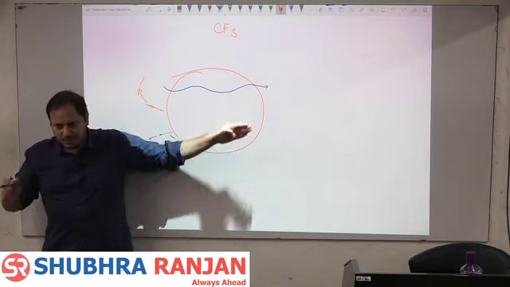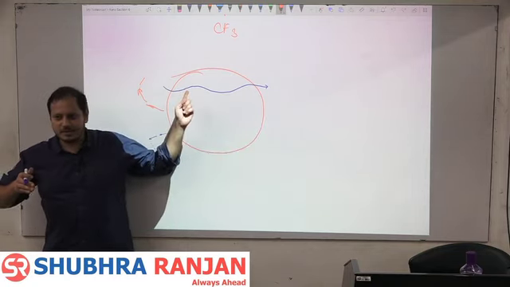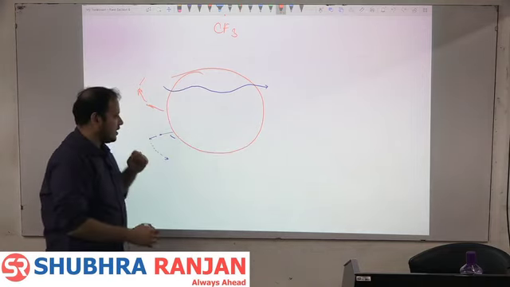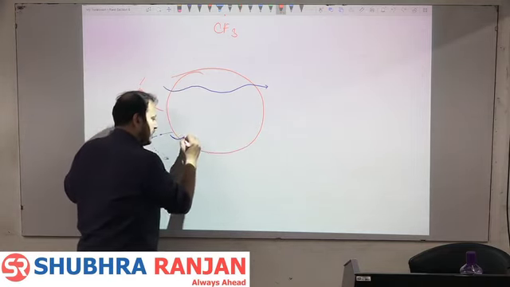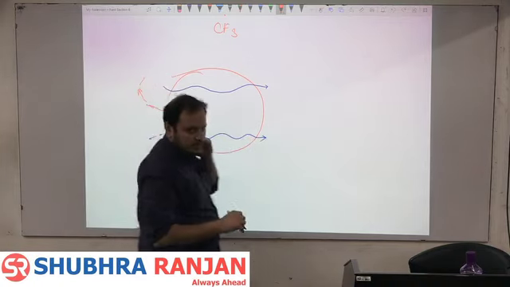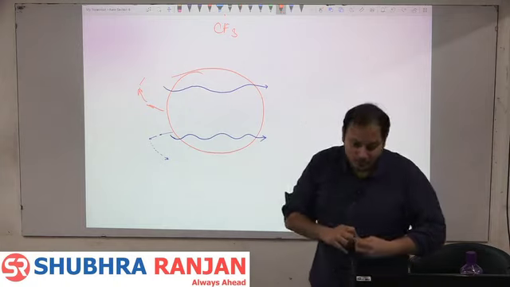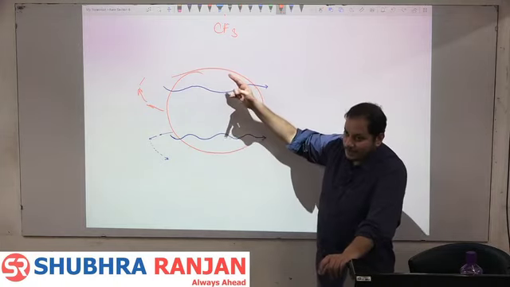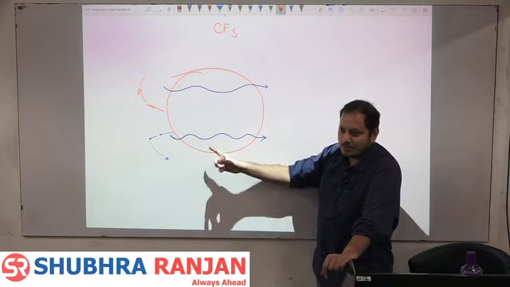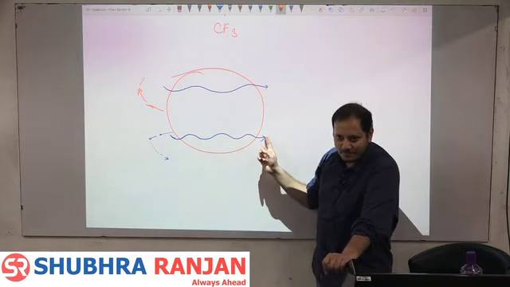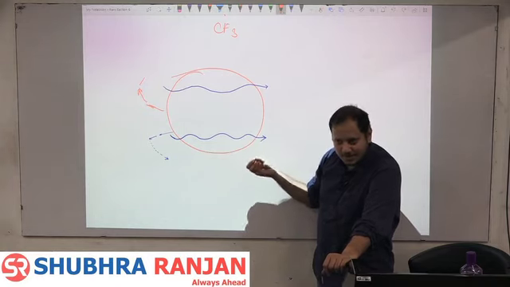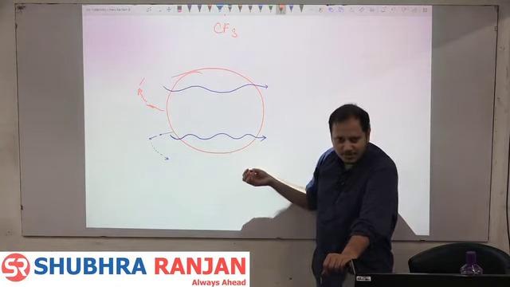It was first facing in your direction, your right is here, in the northern hemisphere. It will get deflected to the right, left, and therefore it will result in the formation of another jet stream in the southern hemisphere. And therefore whether it is the jet stream of the northern hemisphere or of the southern hemisphere, it will always flow from west to east due to the Coriolis force. Getting it? This jet stream is an example of a geostrophic wind.